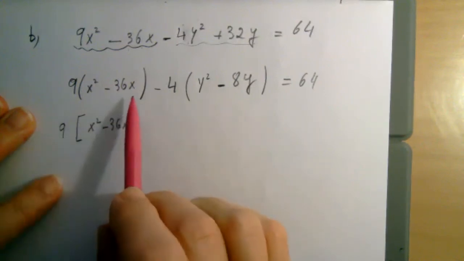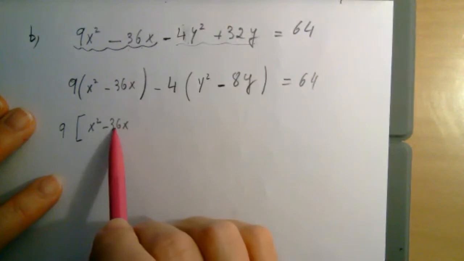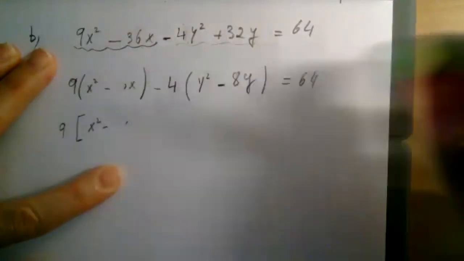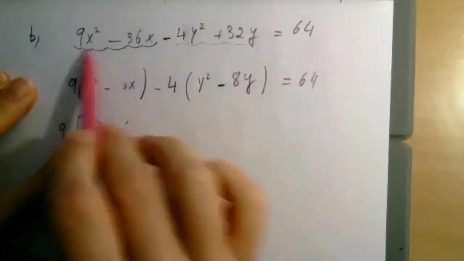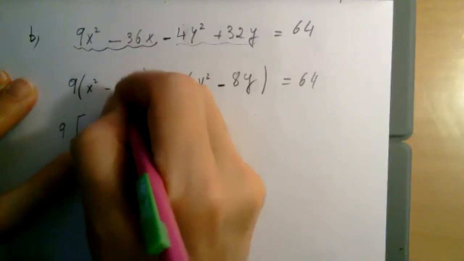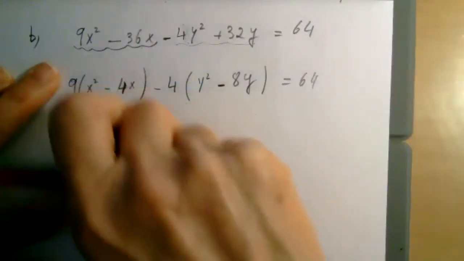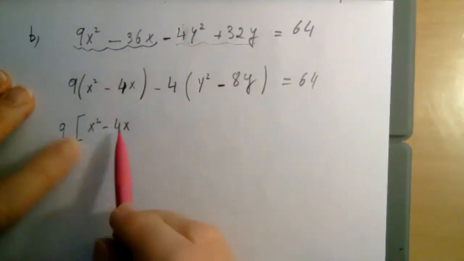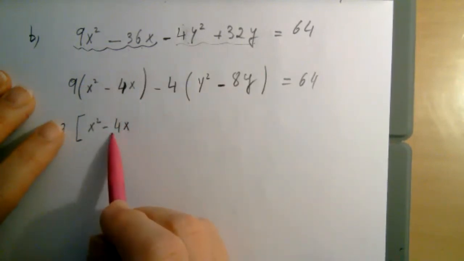Let us remember how to complete the square. Sorry, I made a stupid mistake here. You guys tell me when I make mistakes. 36 divided by 9 is 4 here, so minus 4x.